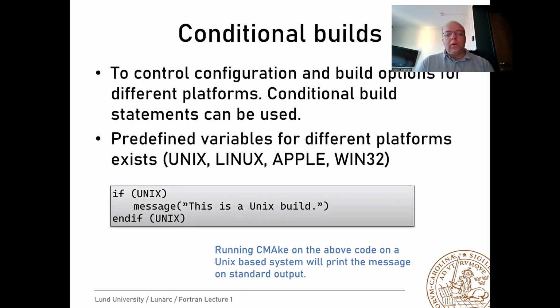Conditional builds: as this is a language, you can do if statements in your makefiles, or CMake files. So for example, if it's a Unix platform, you can do if UNIX, then you can do stuff that is only done on that platform. There is also LINUX, APPLE, and WIN32, which you can use as tests. And you can test a lot of things. You can define your own variables in your code as well.